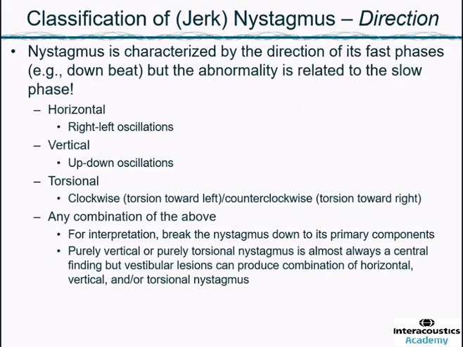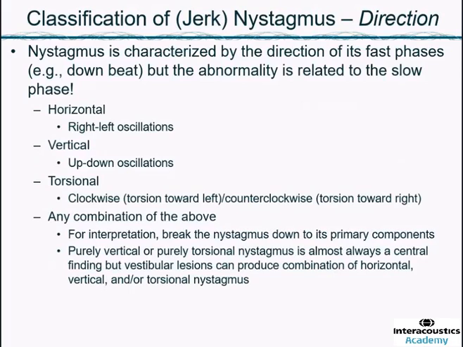But because historically we have classified the nystagmus based on the fast phase, we continue to do that. The terminology that we use to identify the fast phase is the term beat. So when you say right beat, left beat, up beat, down beat, you are clarifying that you're talking about the fast phase of the nystagmus.